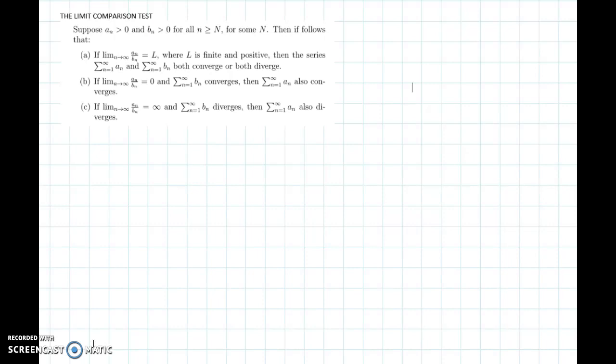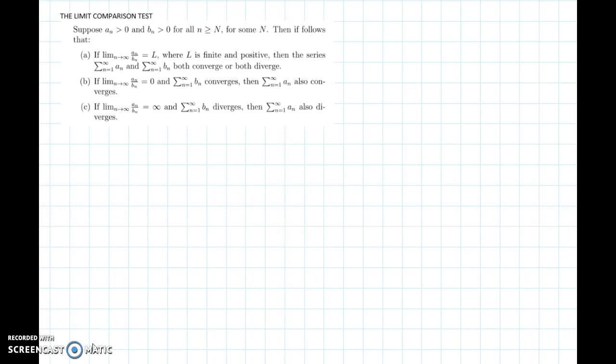If that limit is L, a finite and positive number, then the series have the same behavior. They both converge or they both diverge. If the limit is 0 and the one in the denominator converges, then the one in the numerator has to converge as well. And if the limit is infinity and the one in the denominator diverges, then the one in the numerator has to diverge as well.